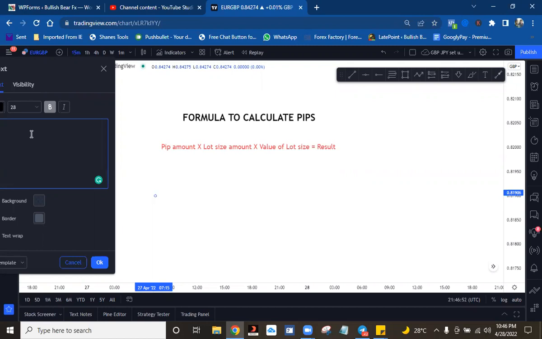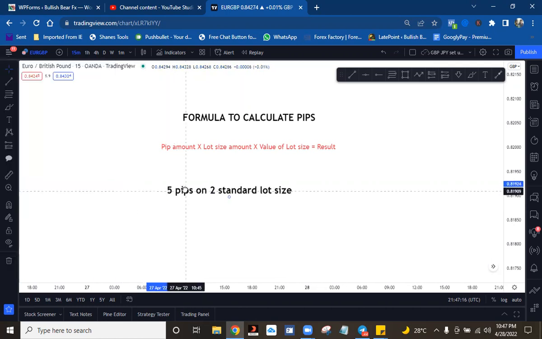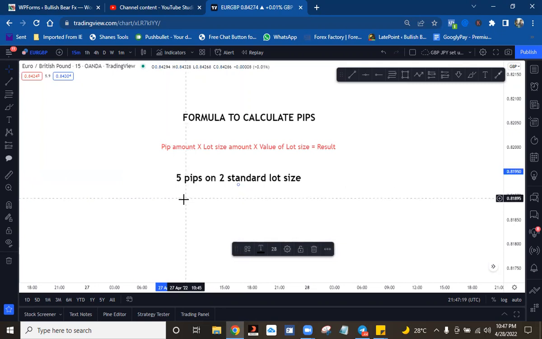So let's say I'm risking 5 pips on 2 standard lot size. All right. I took a trade on 2 standard lot size and I'm risking 5 pips. How do I know how much I am risking in dollars?